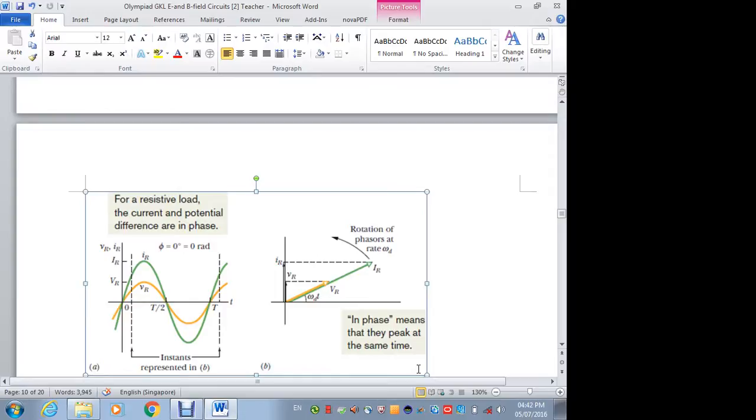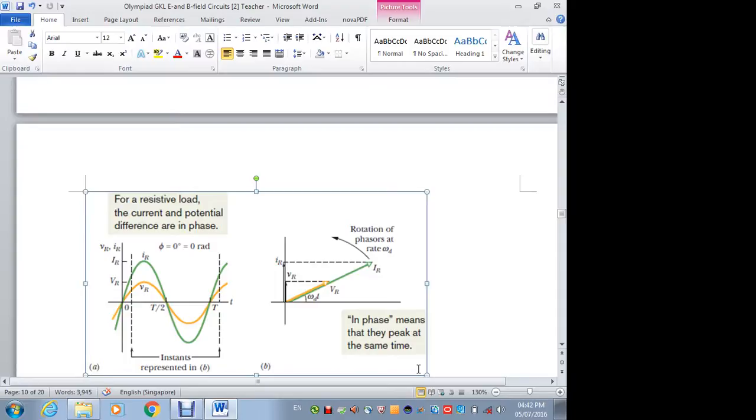Okay, look at this resistive load with an AC source. Naturally, phi will be 0. As you can see, these two are the phasors of V and I respectively. They will always be in phase, which means always in step, because phi is 0.